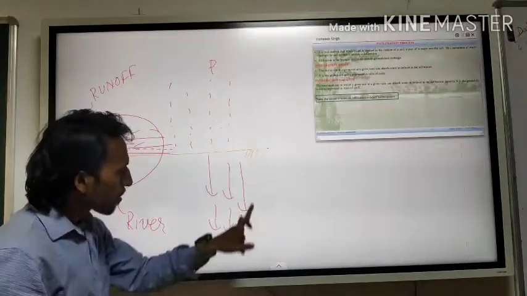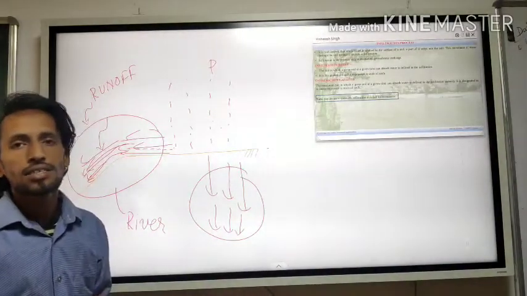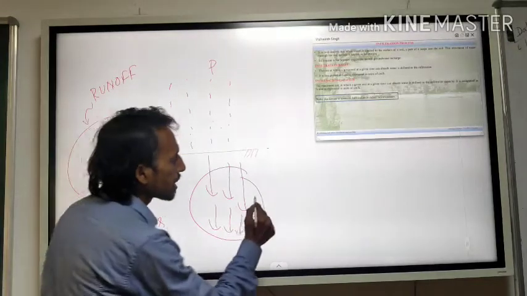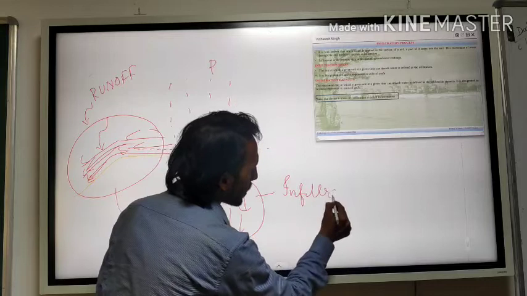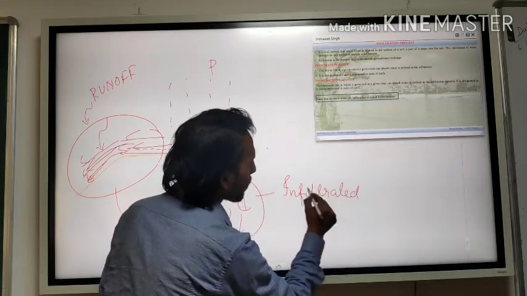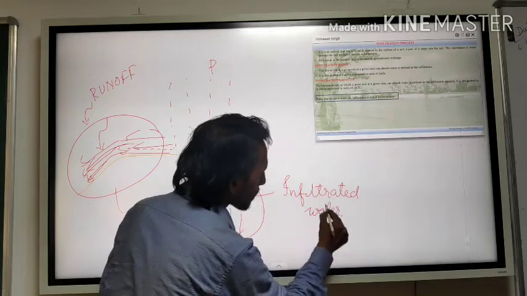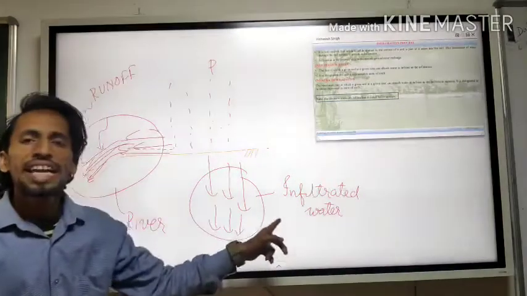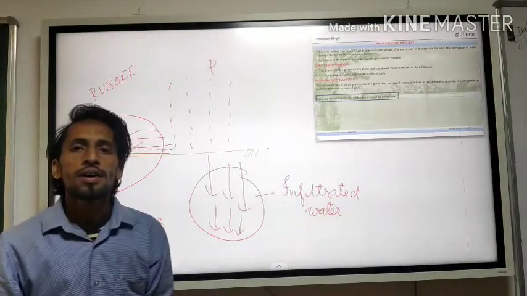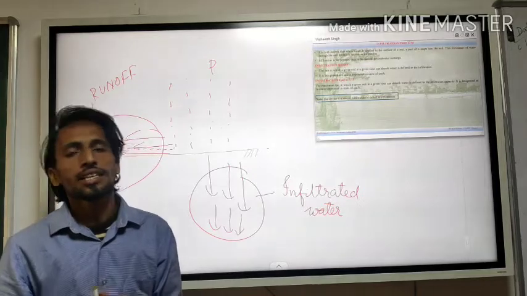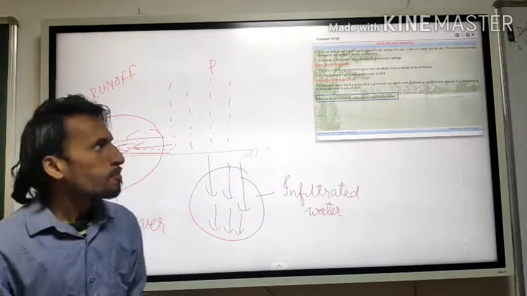This water which is going inside the earth's surface or ground is called infiltrated water, and this process of water going inside the ground is called the infiltration process.